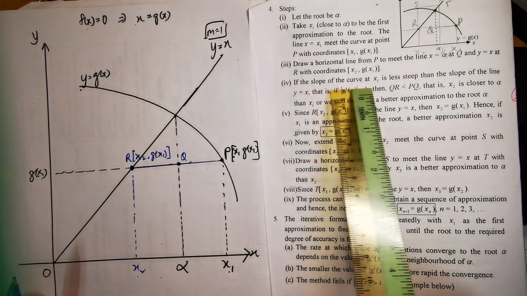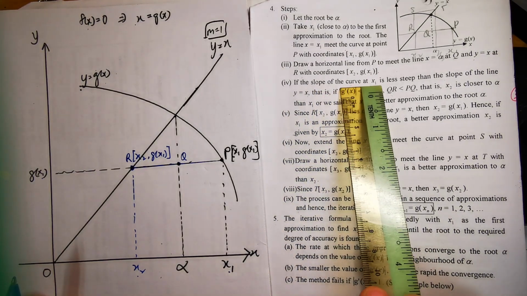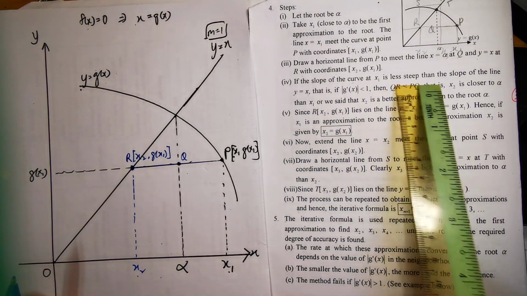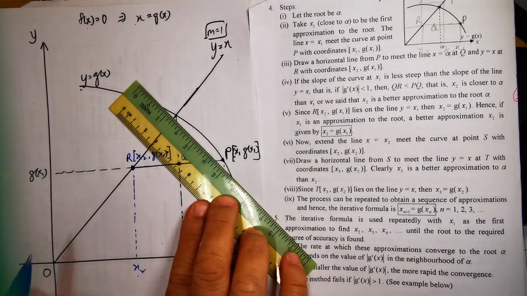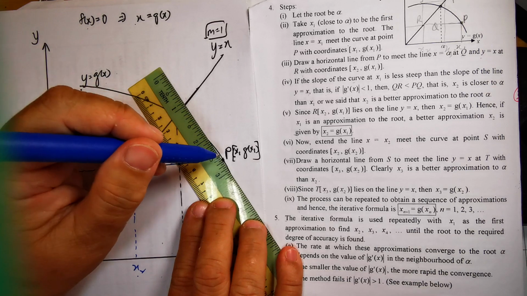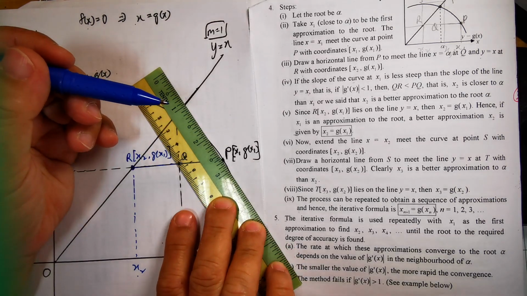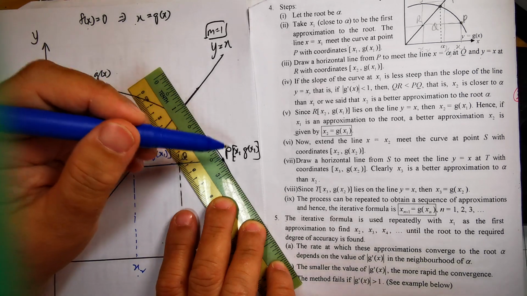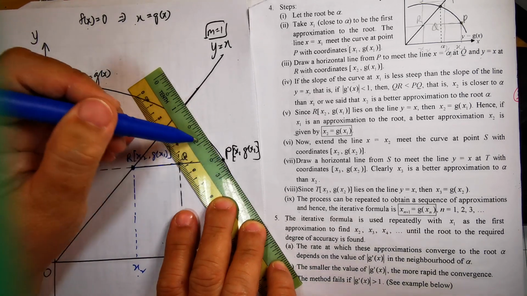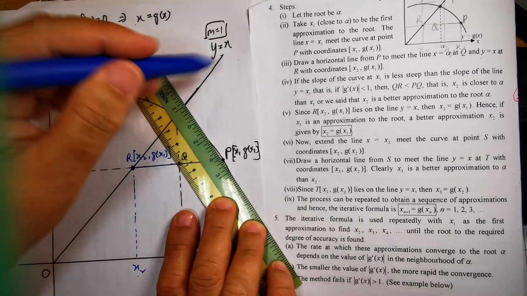If the slope of the curve at x1, which is here, is less steep than the slope of the line y equals x, it means less than 1.